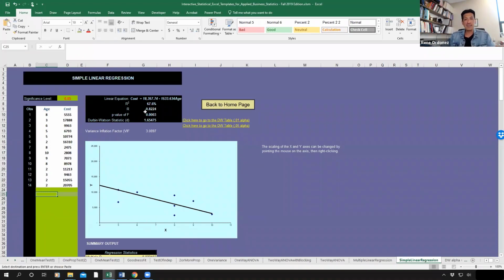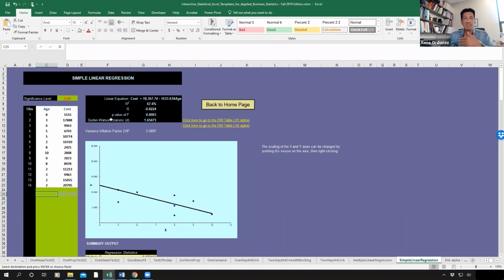Note that this template gives you the equation, right? As well as the R squared value, the R value, the P value of F. And don't worry about the Durbin-Watson statistic here. You will not be responsible for that.